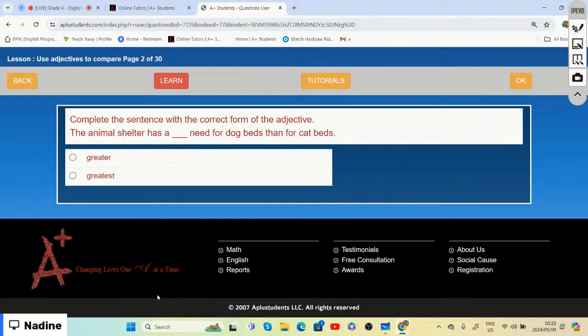All right, we need to complete the sentence with the correct form of adjective. The animal shelter has a. Do they have a greater need for dog beds than for cat beds?